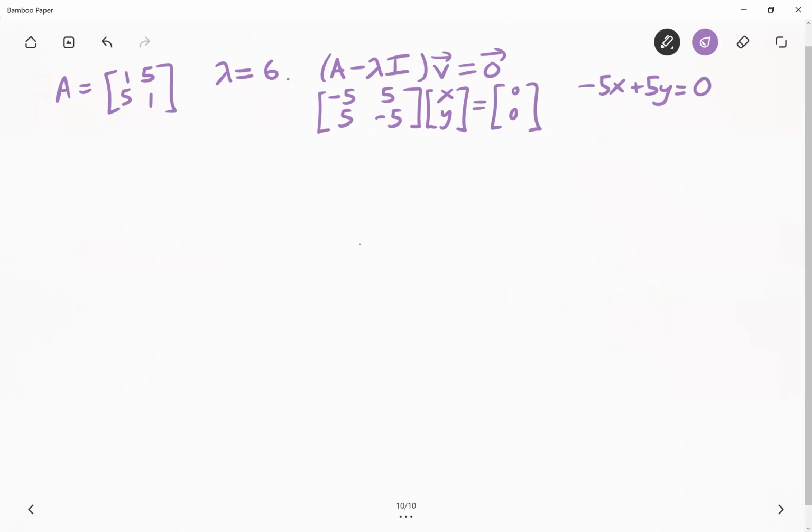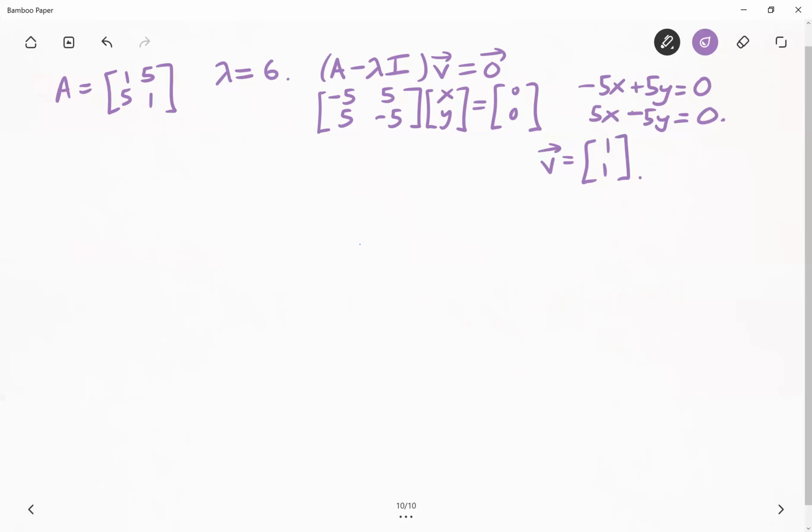And as always happens when we solve for eigenvectors, we have a redundant system of equations, meaning that we have a free variable. I'd like to pick x equals 1. And if x is equal to 1, y is also equal to 1. So that is an eigenvector, but I'd also like it to be a unit vector.